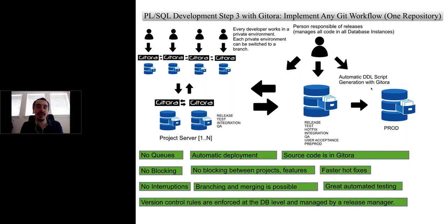No queues, nobody's waiting for each other, no blocking, everybody works in his own environment, no interruptions. Just because somebody codes something doesn't interrupt anyone else. And there is no blocking between features and projects. It's just a perfect, fluent workflow.